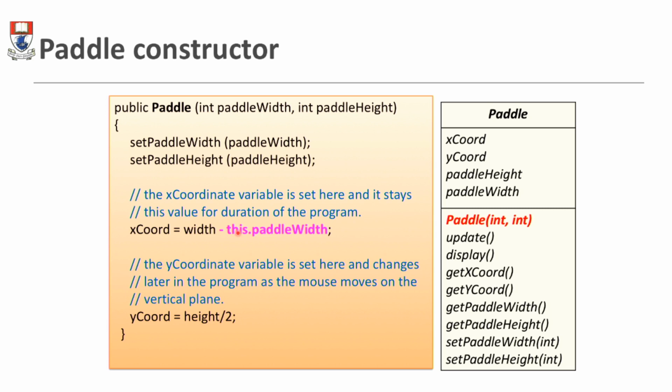This refers to the paddle width. That's a field or property of this class. And the Y coordinate equals whatever the height of the screen is divided by 2. So we're basically putting it in the center of the screen, more or less.